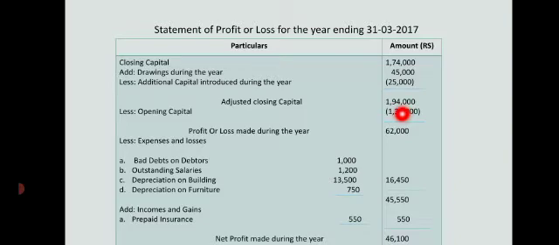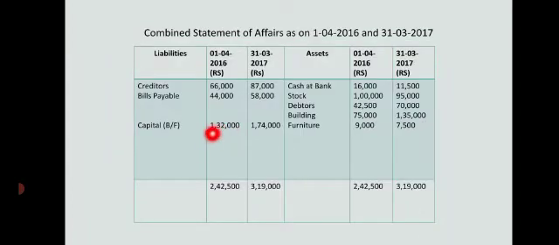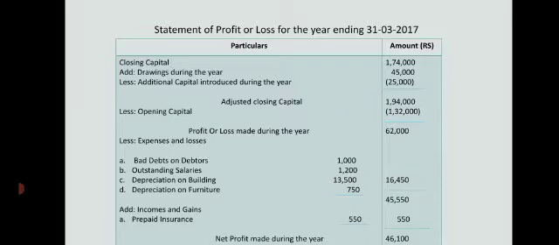To this we deduct opening capital. We have already calculated opening capital here, 1,32,000. Take the same value here, 1,32,000, and profit before adjustments is 62,000. That is, profit made during the year is 62,000. Read it as a profit. Profit made during the year is 62,000.